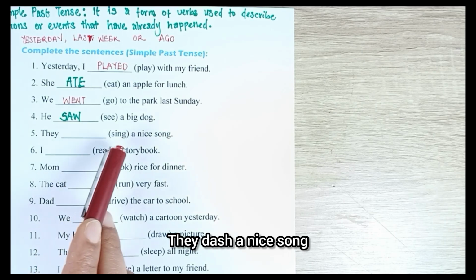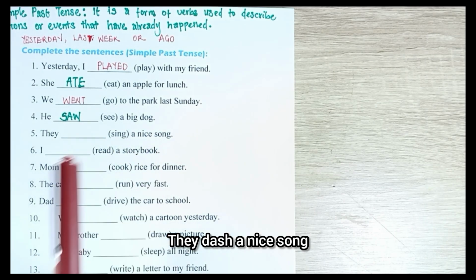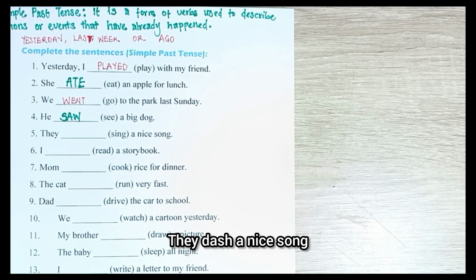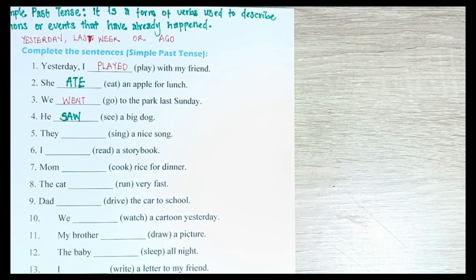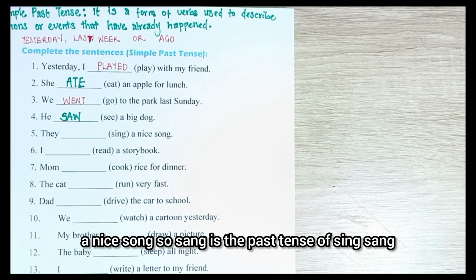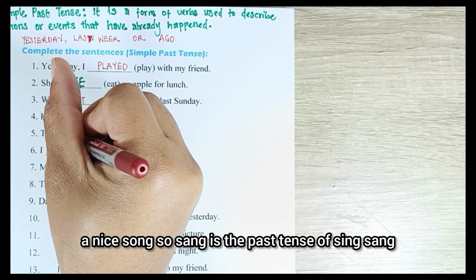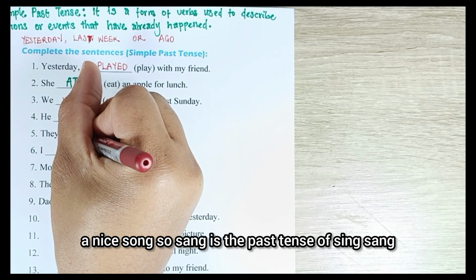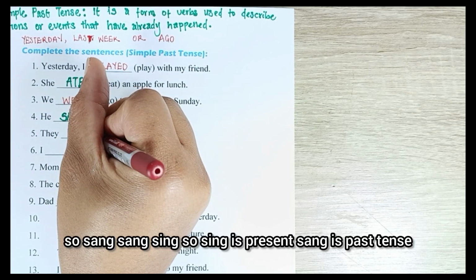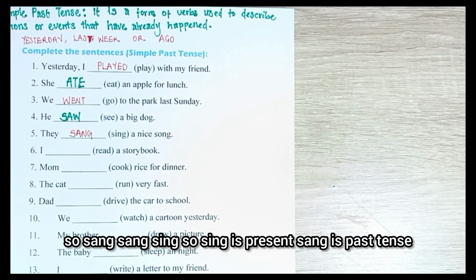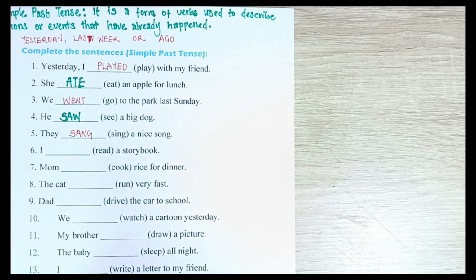They dash a nice song. So what did they sing? They sang a nice song. So sang is the past tense of sing. Sing is present. Sang is past tense.